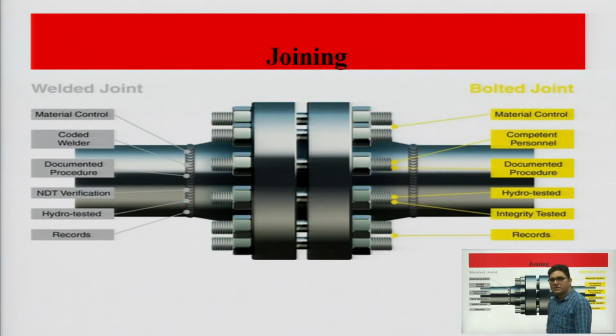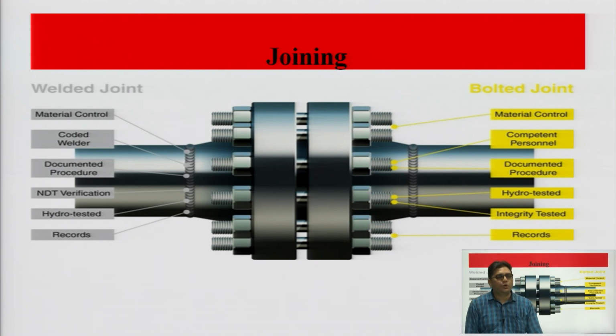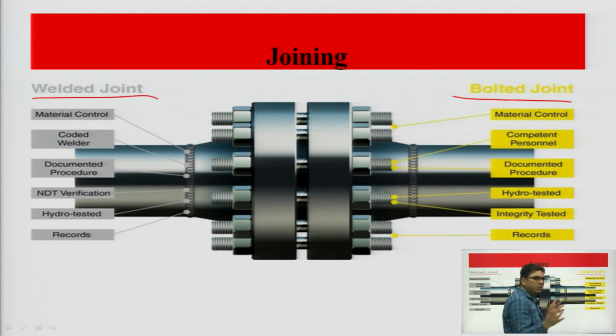Next that I discuss is joining, and I told you that this joining could be either by welding or by bolting. We can join part by part, either by welding or by bolt, because these are the two possible ways whereby different parts of a particular product can be joined.